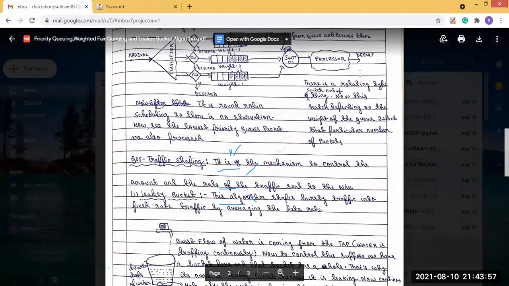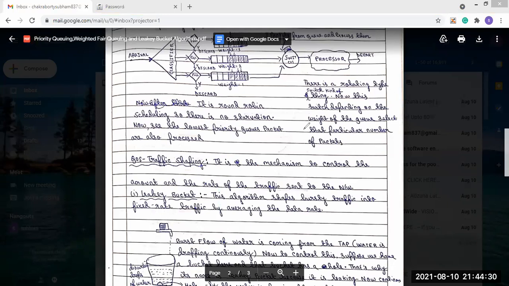Traffic in networking means the flowing of packets or data. Quality of service traffic shaping is a mechanism to control the amount and the rate of the traffic sent to the network.